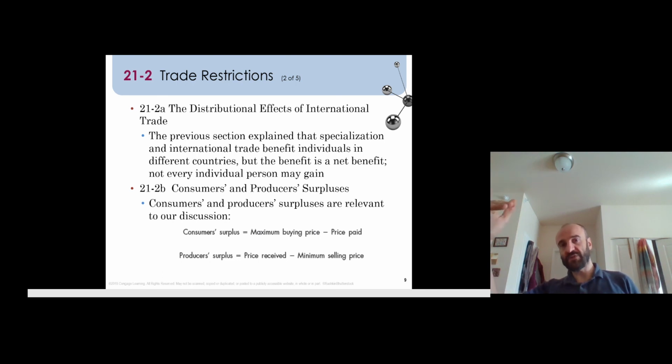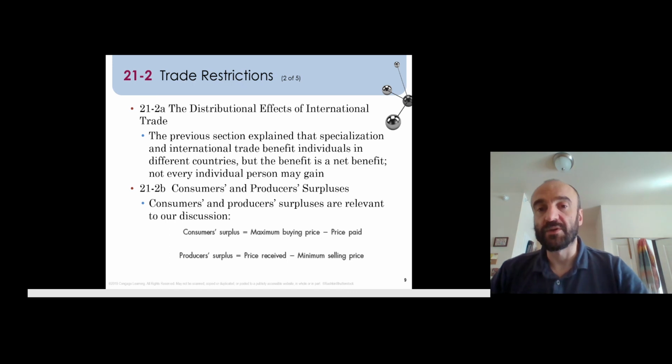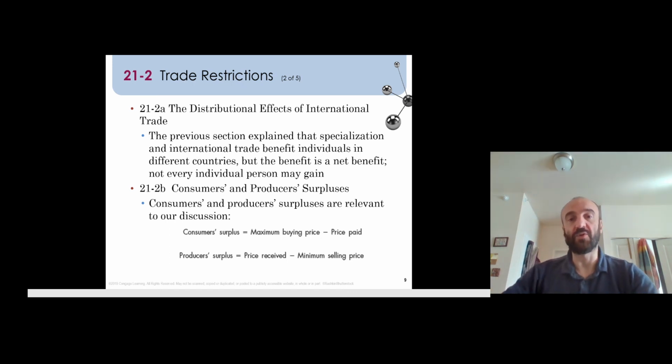Higher tariffs mean that the foreign companies have to charge higher prices in order to sell in the American market, because they have this additional cost, which is a 10% or 15% tariff. This then allows domestic firms to increase their prices by the same amount. So the consumer has to pay higher prices no matter whether she's buying from a domestic or a foreign source. So that's a distributional effect.